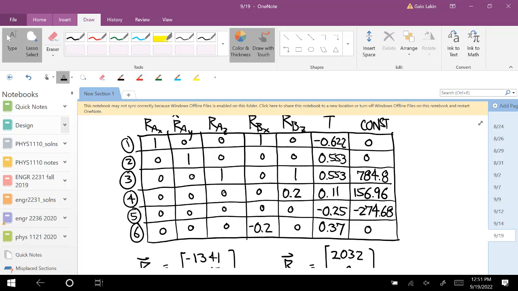But if you're getting forces that are, let's say, 10 times bigger than any input force in the problem, at least consider the possibility that something went wrong. It can happen.